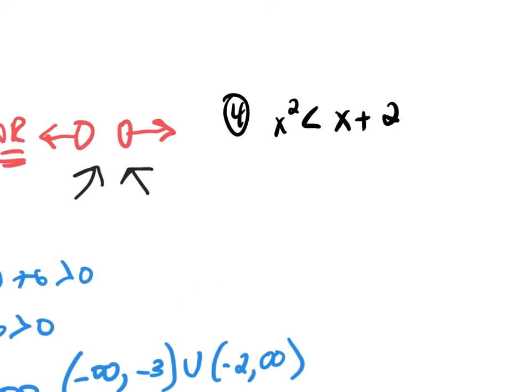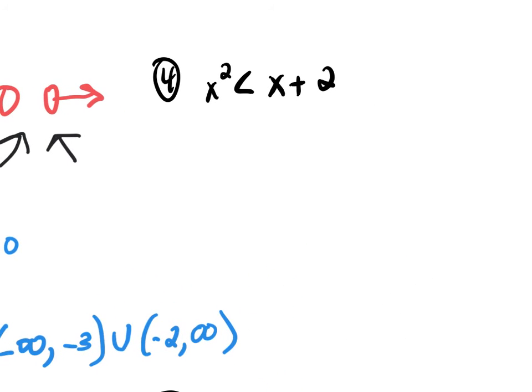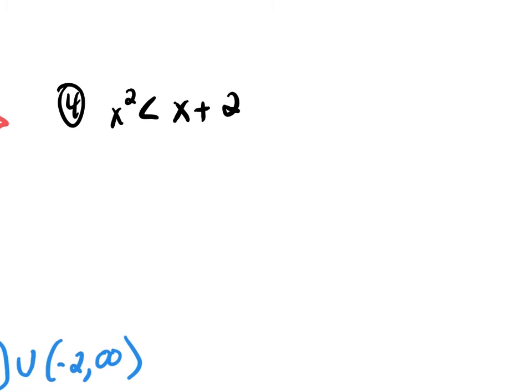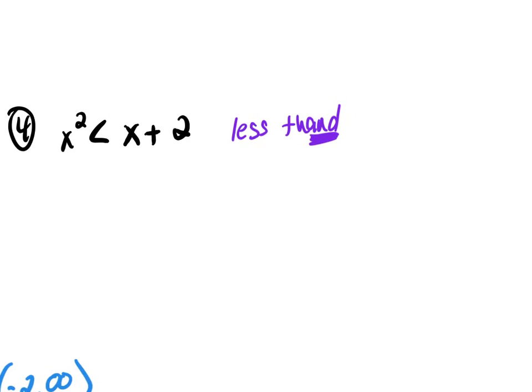Let's look at the next one. Tell yourself some stuff, guys, before we do anything. What does my sign say? x squared is what? Less than. I'll do this when I do your answer key. I write the word. I know that's not how you spell than. Less than. What does that mean? My graph should be where?